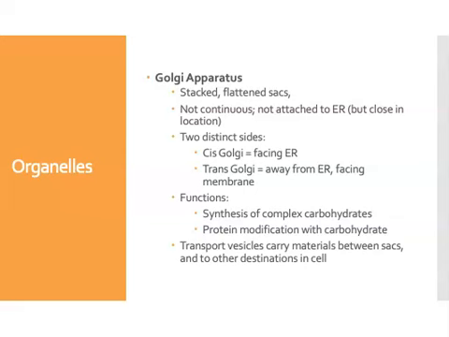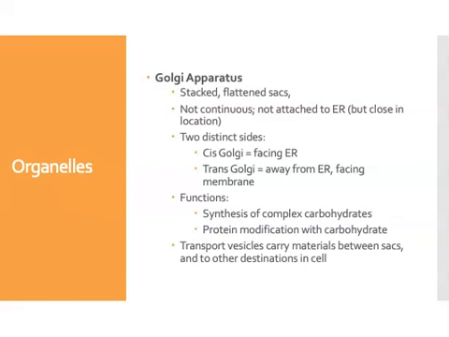Now, in order for things to travel from one sac to another through the Golgi apparatus, since the sacs aren't connected to each other, we use what are called transport vesicles. Remember, these are small circular organelles with a single layer of membrane, and they're basically empty compartments. The materials that are made in the Golgi apparatus get packaged into these transport vesicles.